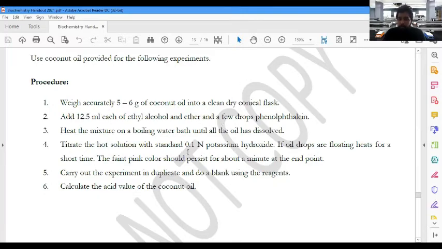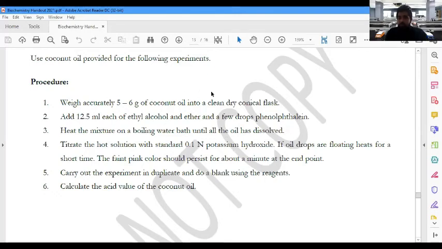After that, you have to take that from the water bath and immediately do the titration against 0.1 N potassium hydroxide, it means KOH. At the end point, you will observe a persistent pink color or constant pink color.